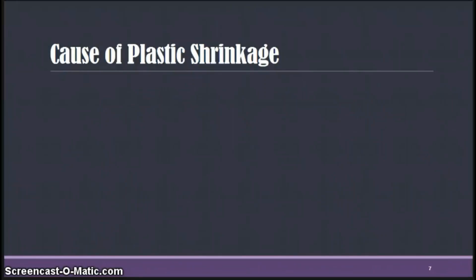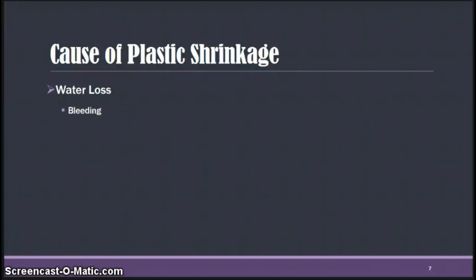Now, before we move to the deficiencies or effects of the plastic shrinkage, we're going to discuss the causes of this shrinkage. And as we have discussed in the earlier part, the shrinkage happens because of the water loss. You lose the water from the concrete, you're going to lose the volume which was occupied by the water, so that much subsidence will occur.